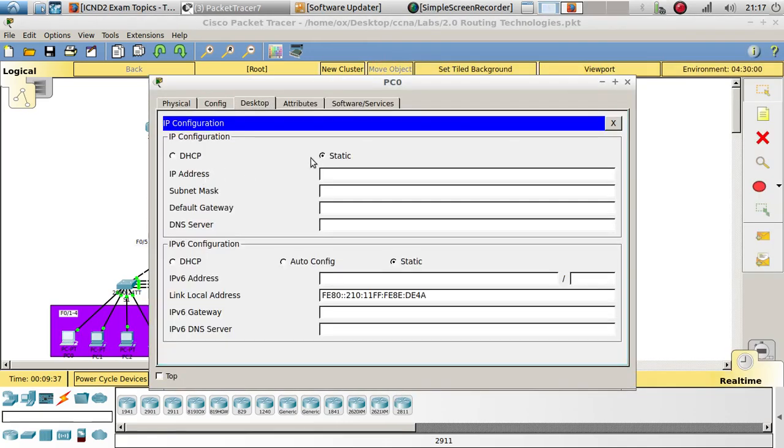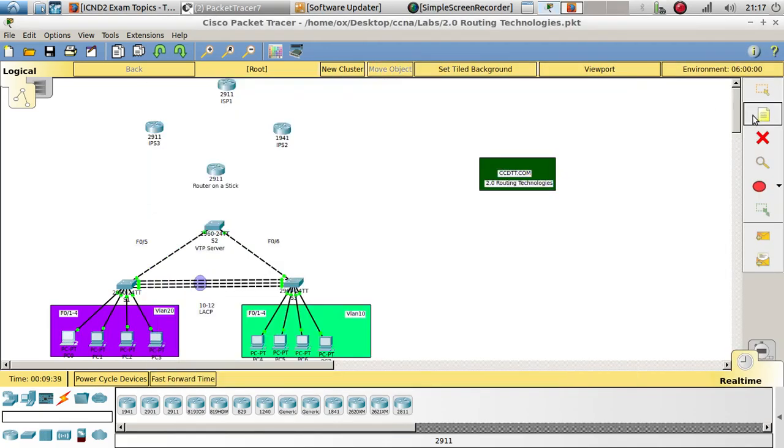We have not configured IP addresses yet, so let's go ahead and start doing that. On this side, let's do 10.1.10.1. That's going to be the default gateway for VLAN 10, and for VLAN 20 it is going to be this one over here.